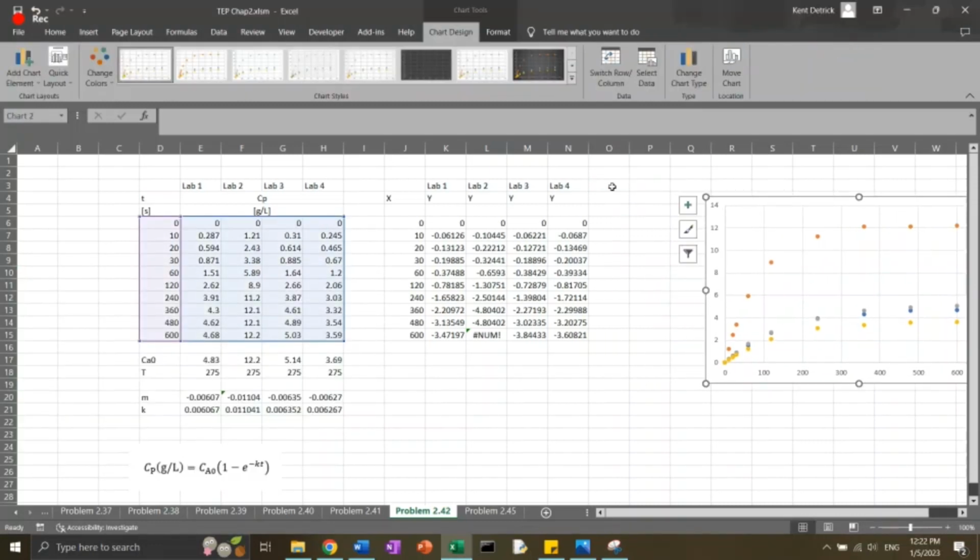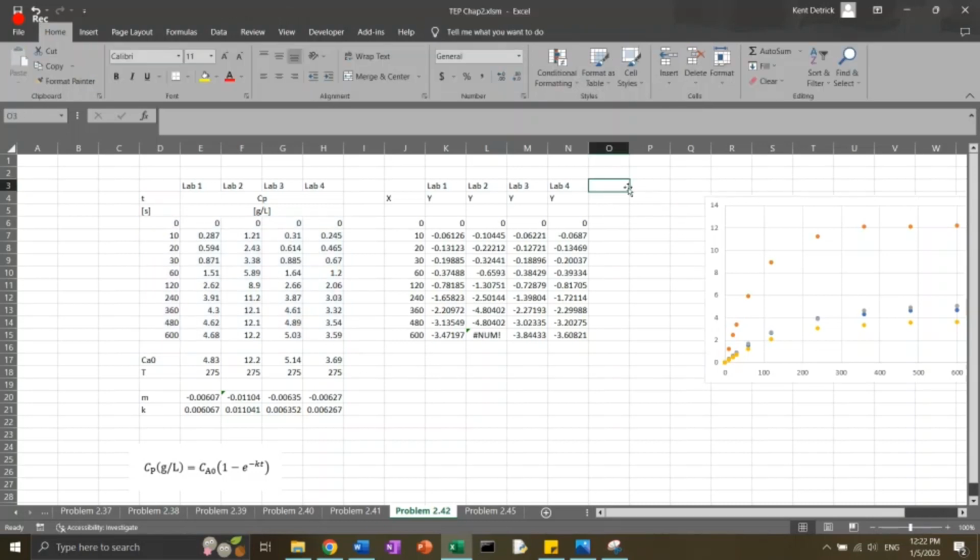Okay, now we need to make a model column, so we'll say lab 1, 2, 3, 4, and have our time here, we'll do it over the same time frame.